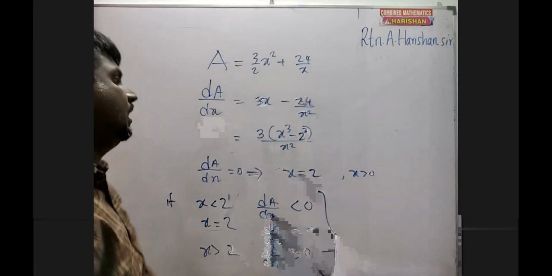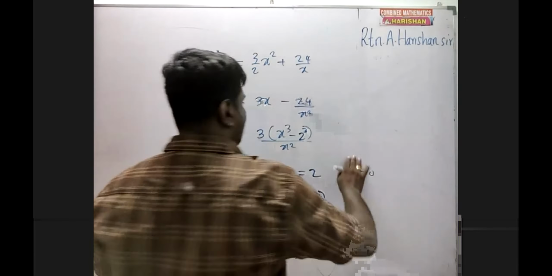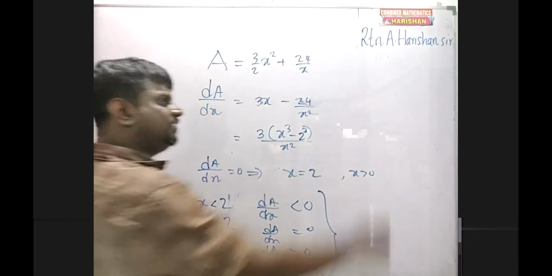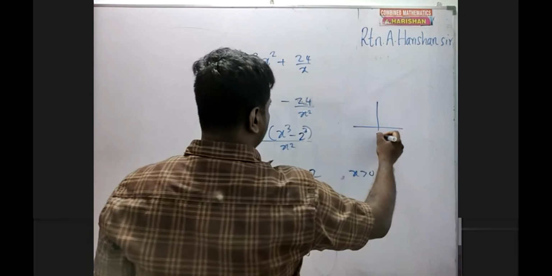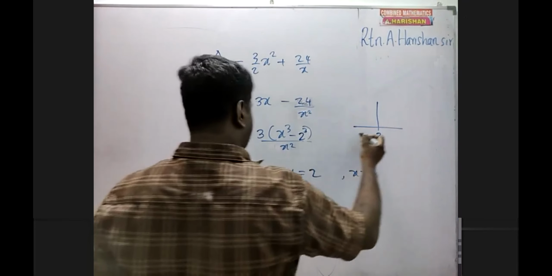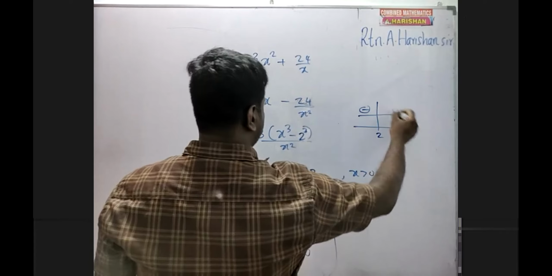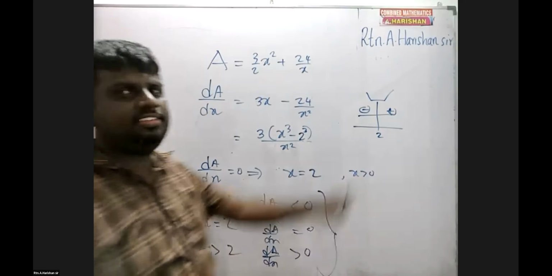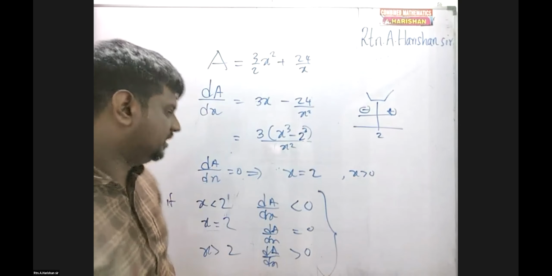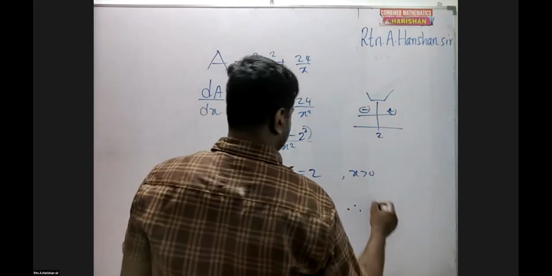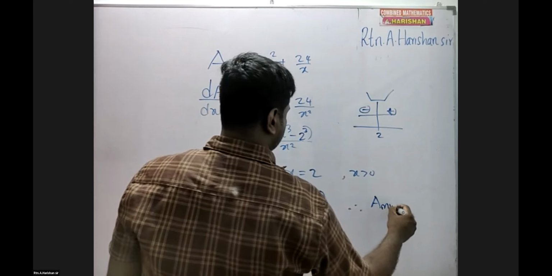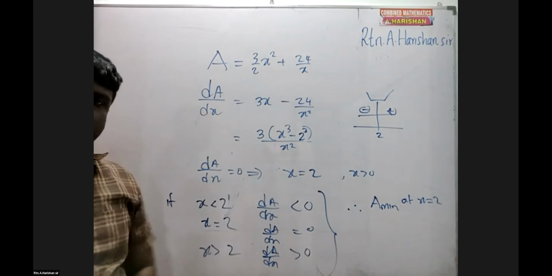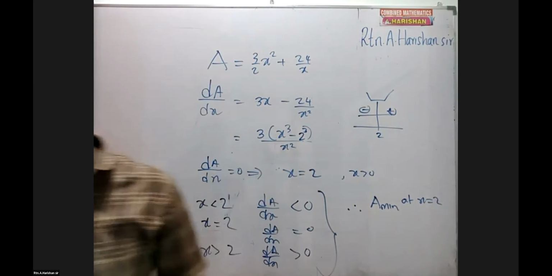Then after that, if you want the verification, you can do it: when x is less than 2, the sign is minus, then plus, then minimum. So that is for your use. Now you have to say A is a minimum at x equals 2. Is it clear?